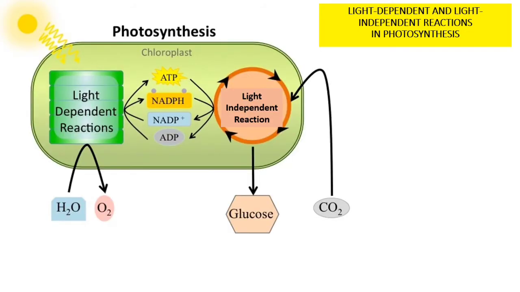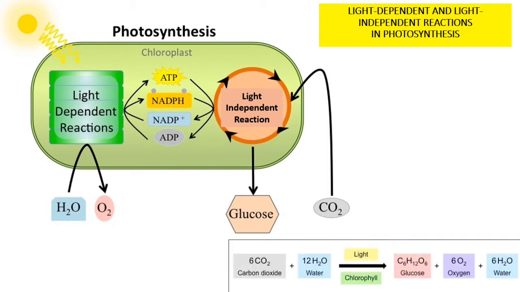Okay. Now, we will discuss light dependent and light independent reaction in photosynthesis. This is the picture of the process, light dependent reaction and light independent reaction. And this is the full equation of photosynthesis.